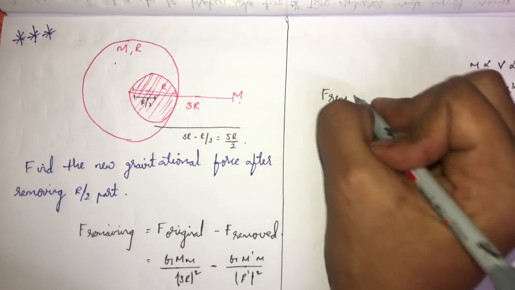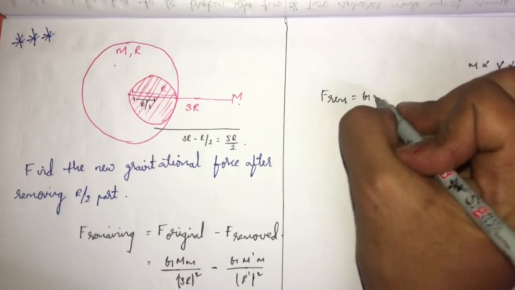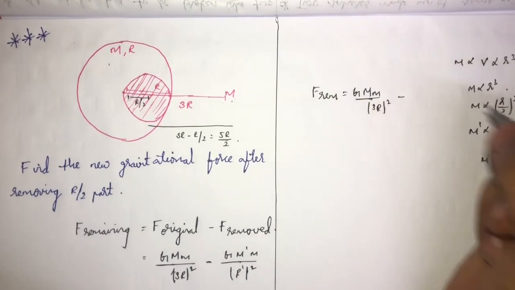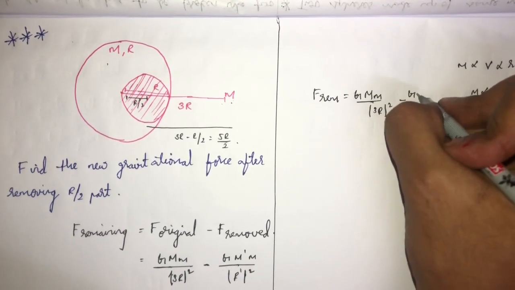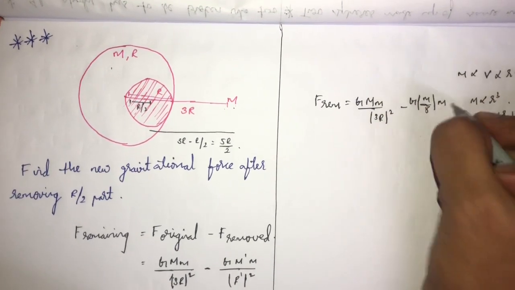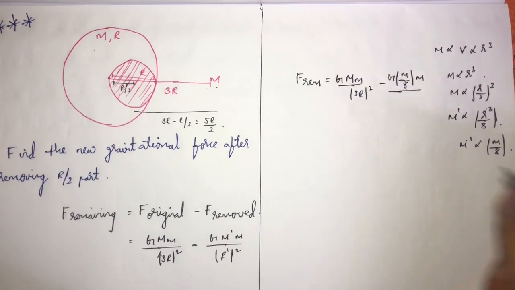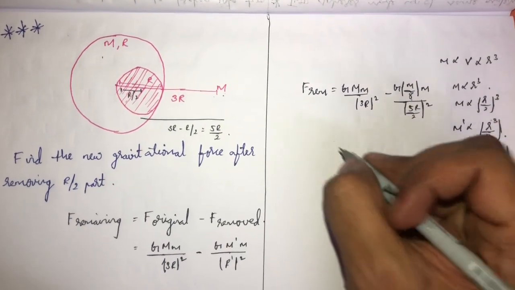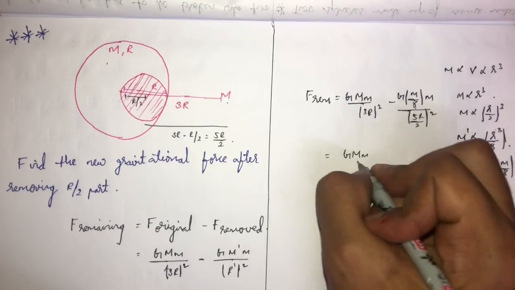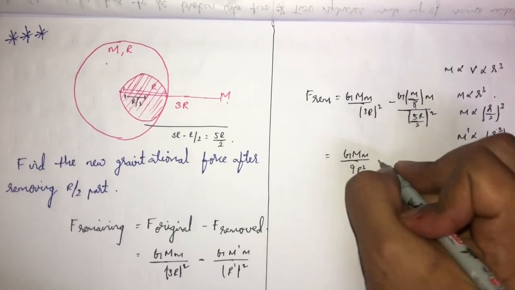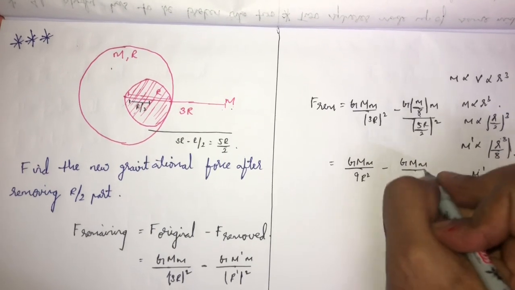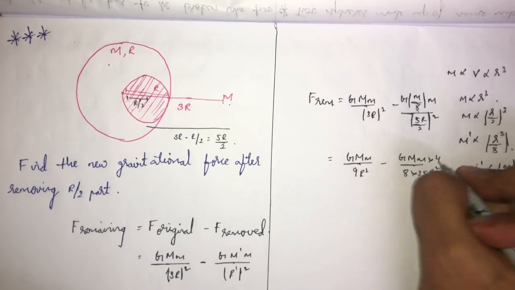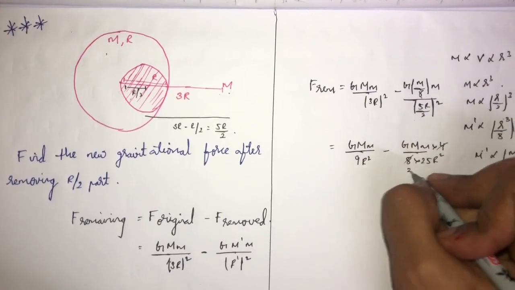Then finally F remaining will be equal to GMm by 3r square minus G m dash, nothing but m by 8, m by r dash whole square, where r dash is nothing but 5r by 2 whole square. So finally GMm by 3 square 9r square minus GMm by 8 times 5 square 25r square by 2 square 4, 4 twos are 8.